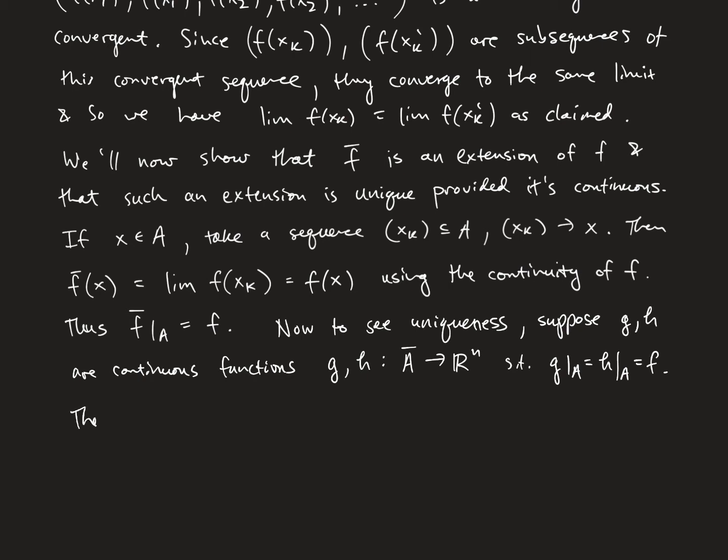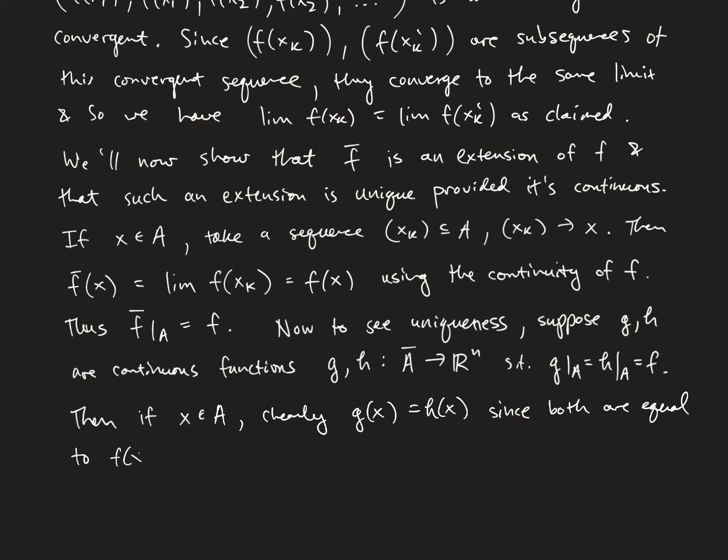Then we'll just have to show that these two functions are equal to each other. So if x is in A, clearly g of x equals h of x since both are equal to f of x.